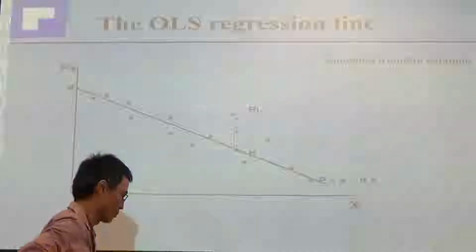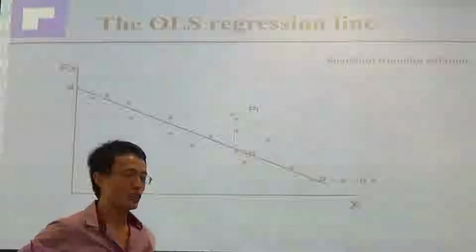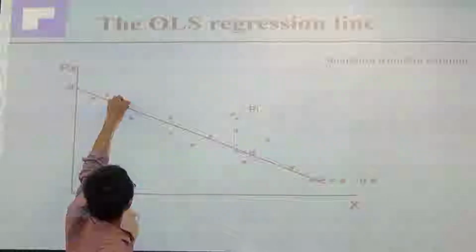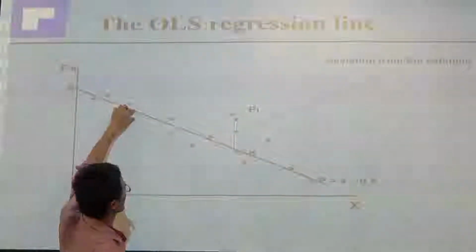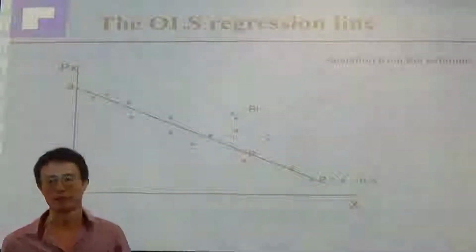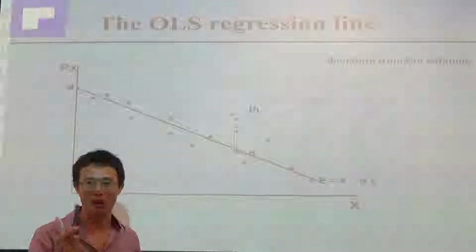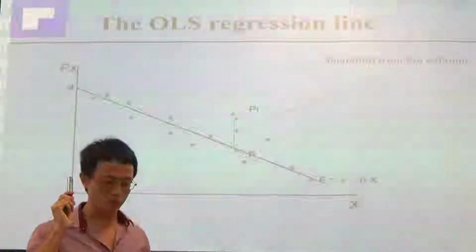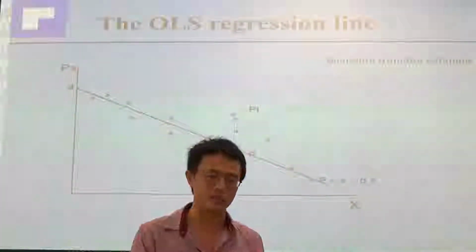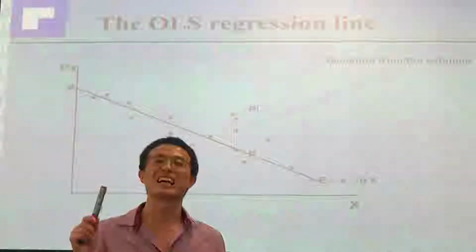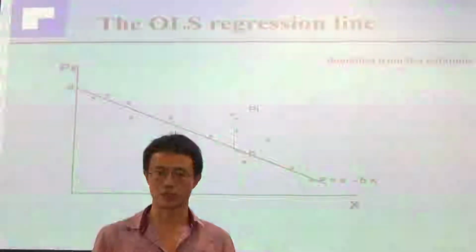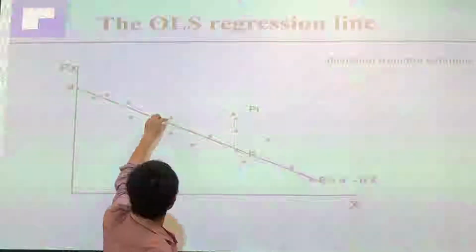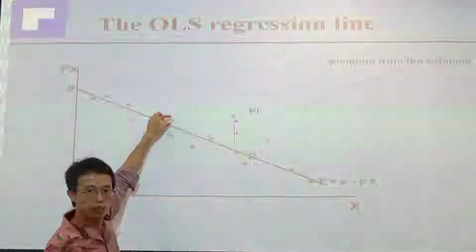Okay, now you need to ask, we have some positive errors here, we have negative errors here. So ideally we can sum them up. But if we add positive errors with negative errors, they are going to cancel out. So what we can do is square the errors.